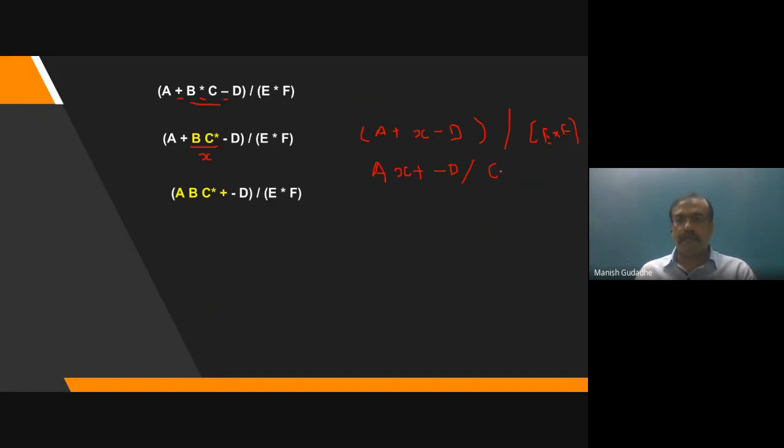Okay. The rest of the part will be as it is. E star. I hope you are understanding. This is an easier way to reduce it. Then we'll expand x whenever needed. Now let us say that this becomes y. Okay. So it will be y minus d. This is y minus d. The rest of the expression remains as it is.